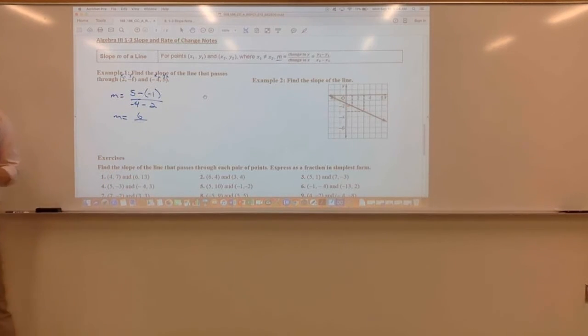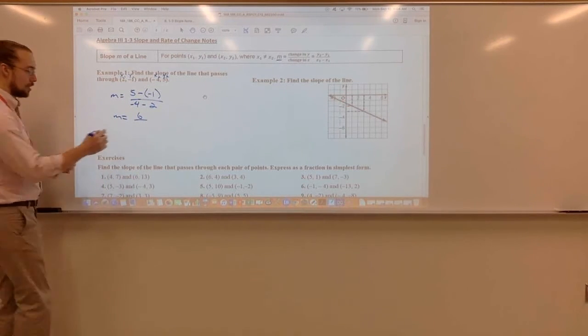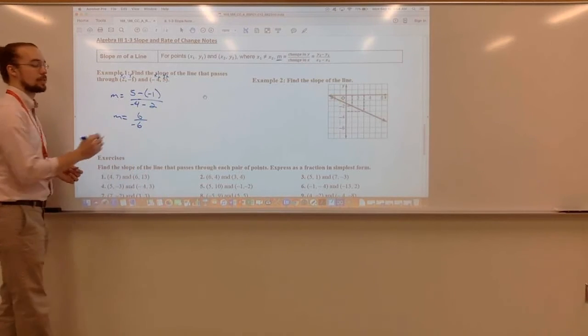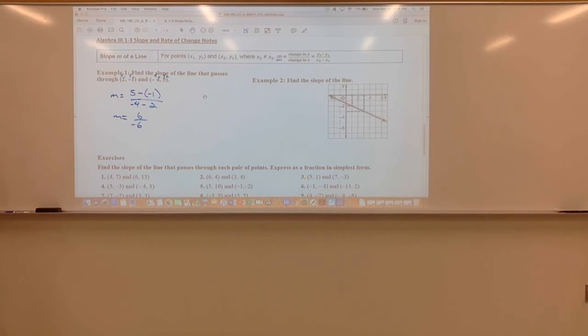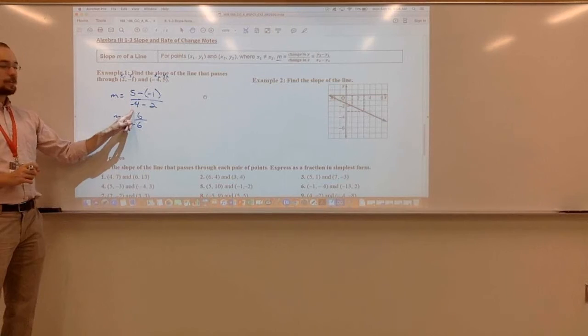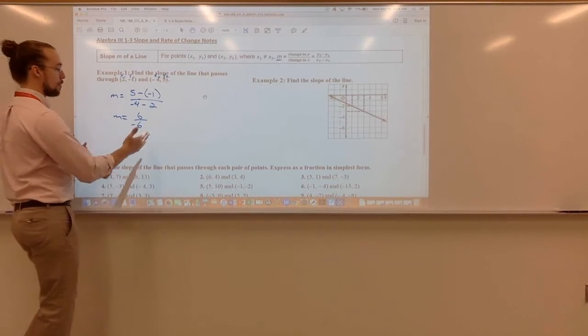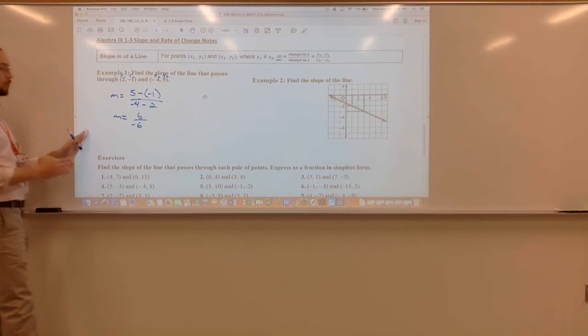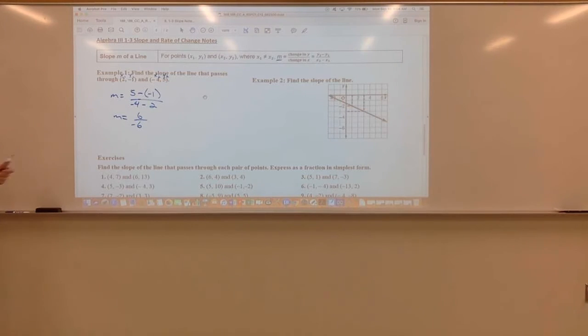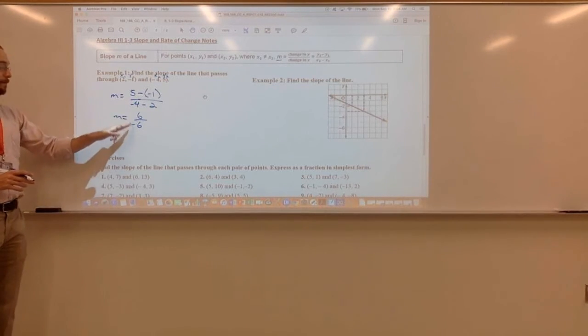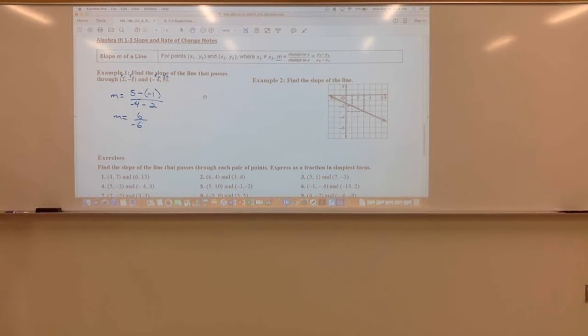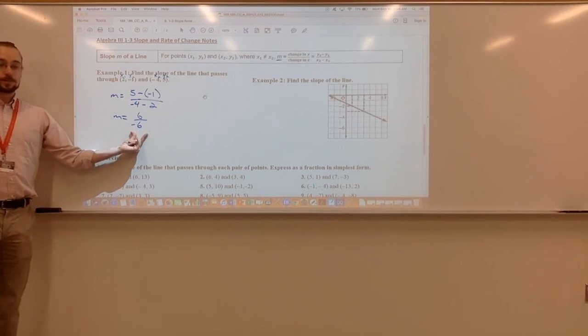What's negative 4 minus 2? Negative 6. If you think about a number line, if we're at negative 4 and I go 2 further to the left, I'll be at negative 6. Now, when we're finding slope in this format, we always want to leave it as a fraction.